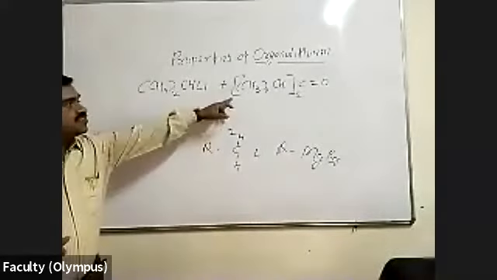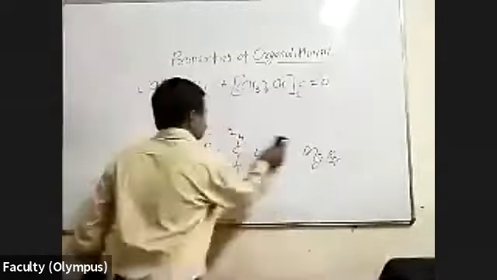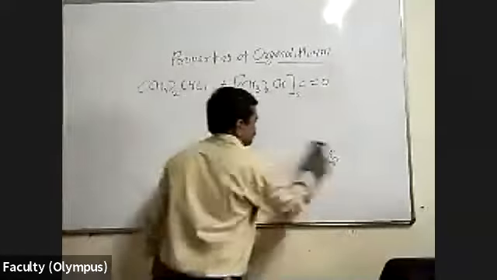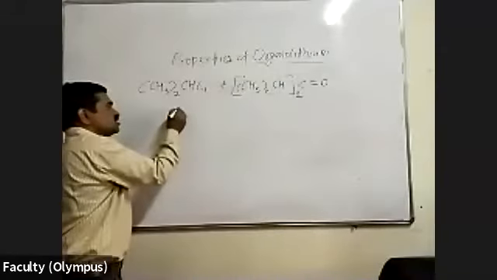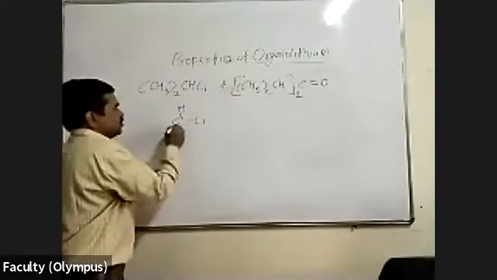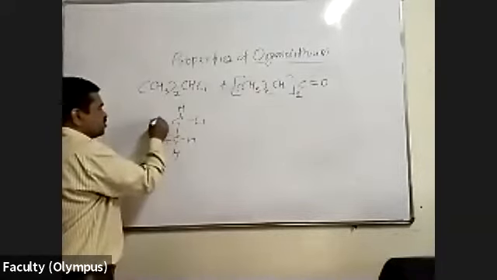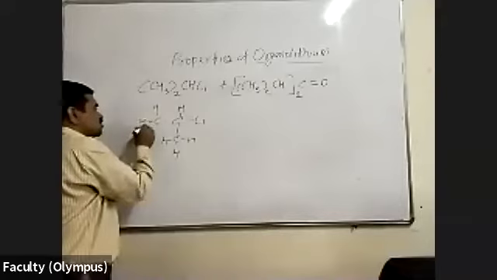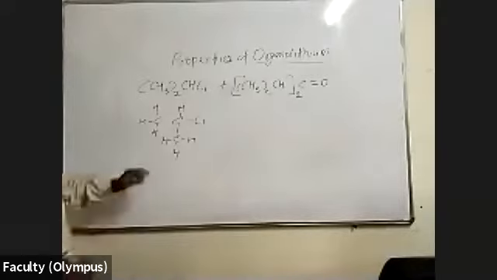If we write the structure of this compound and this compound, then there would be somewhat crowding of atoms. This can be written as CHLi with CH3 and CH3. This is isopropyl lithium.